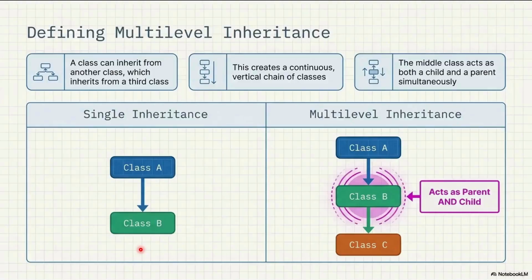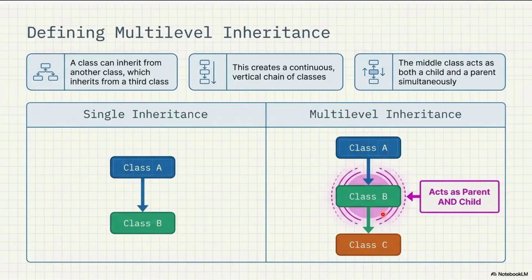So what exactly is multi-level inheritance? We have a class A over here. That's a single inheritance because we have a class B that has been derived from class A, or I can say that it has been inherited from class A. Now that's a single inheritance. But this is multi-level inheritance.